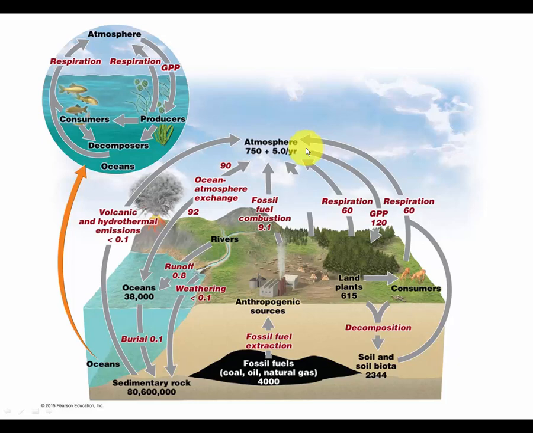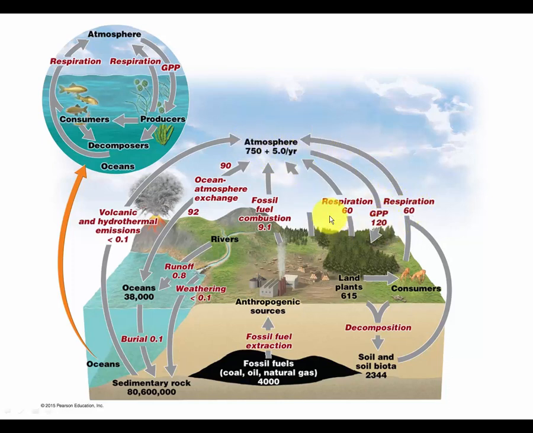Because we're cranking up the concentration of carbon dioxide in the atmosphere, some of it is diffusing into the oceans, which fortunately are tremendously large and can store a huge amount of carbon dioxide. The other thing that we're doing by pumping carbon dioxide into the atmosphere is we are fertilizing plants. A higher concentration of carbon dioxide in the atmosphere allows plants to go through photosynthesis more efficiently, more rapidly.